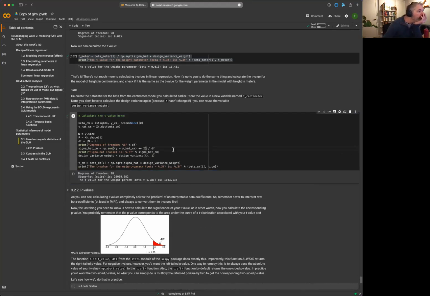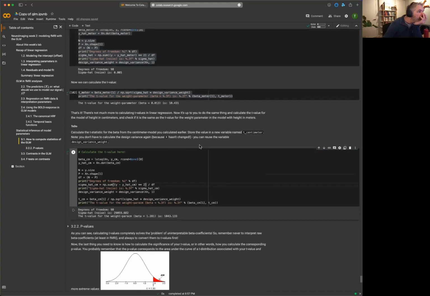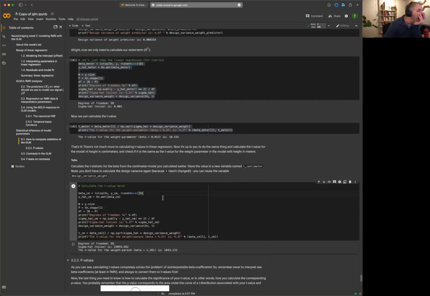Wait. I think I'm doing something wrong, because something's still... T-values just exploded by a factor of 100.